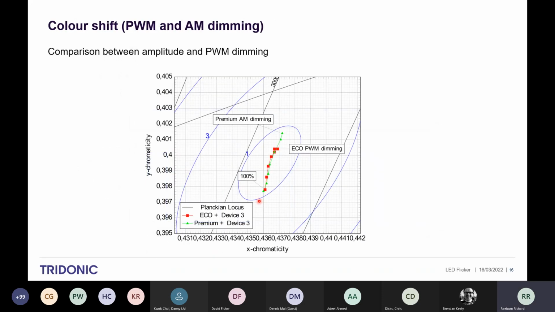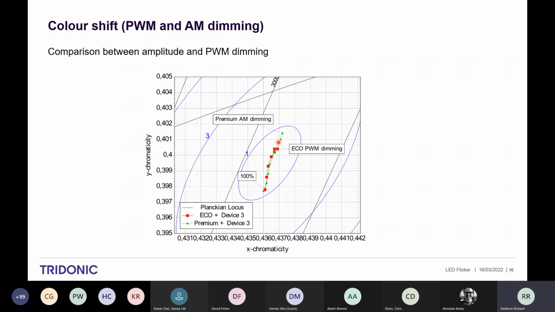Now you can see here the red trace is the color shift of an LED with PWM dimming, and the green trace is with amplitude dimming. So you can see the green is slightly more. However, this is all within a 1 McAdams ellipse. That's very low, so it's just not possible really to see that difference.